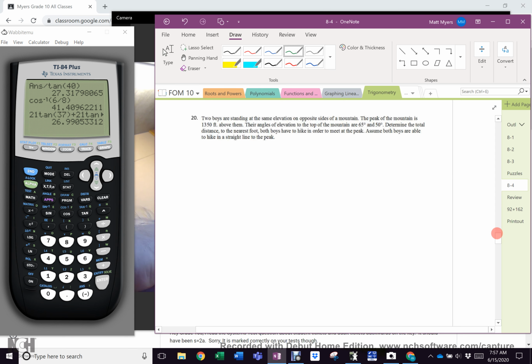And number 20, last one we're going to do today. Two boys are standing at the same elevation on opposite sides of a mountain. There's the mountain. The angles of elevation to the top of the mountain are 65 and 50.